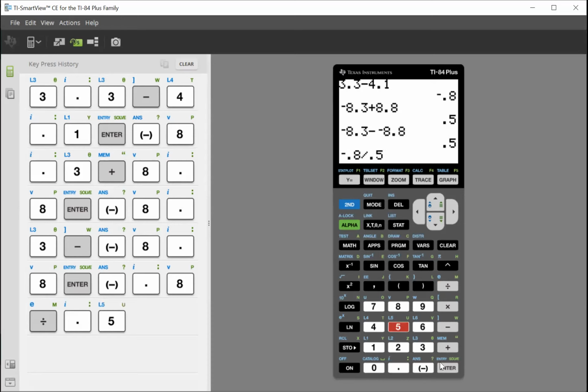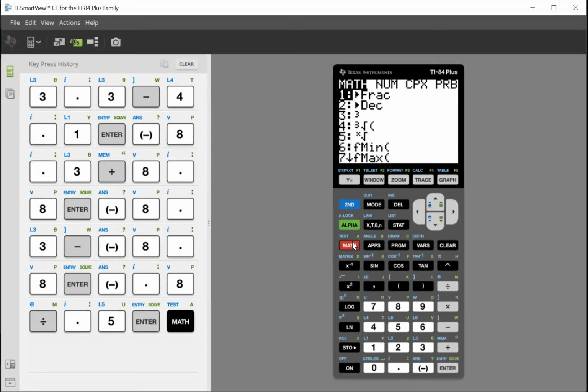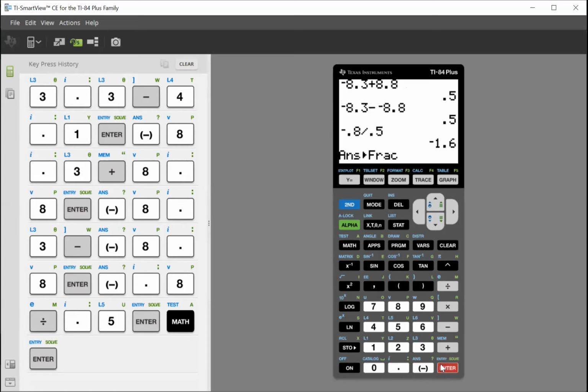Punch that in on your calculator, hit enter. That's going to give you a negative 1.6. So to turn that negative 1.6 into a fraction, under the green button, there's a math button. Hit the math button. And the very first thing has an arrow pointing to fraction. That means it'll turn our answer into a fraction. So I can hit enter and then enter again, so that I get a negative 8/5.